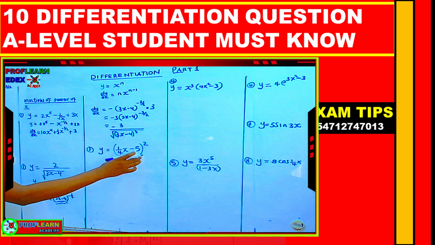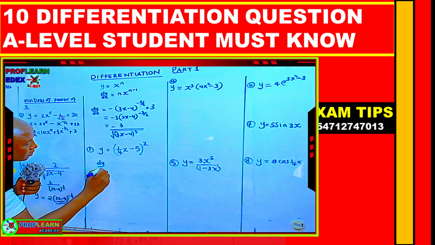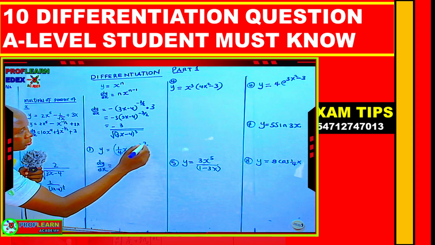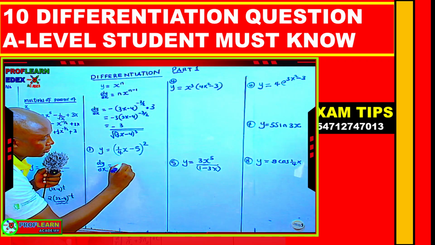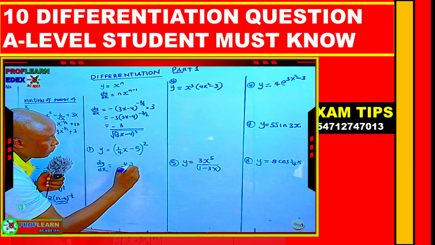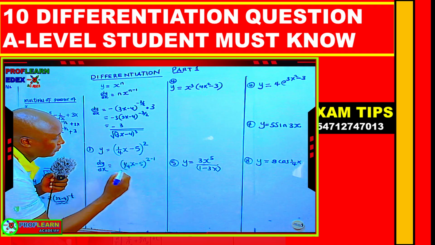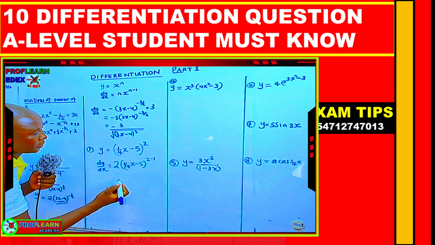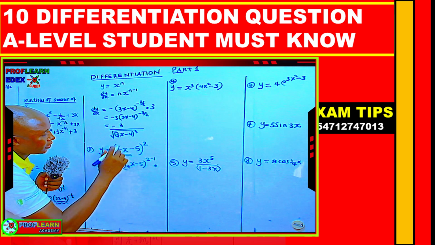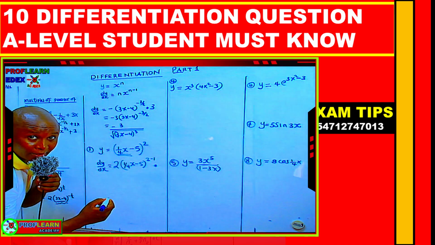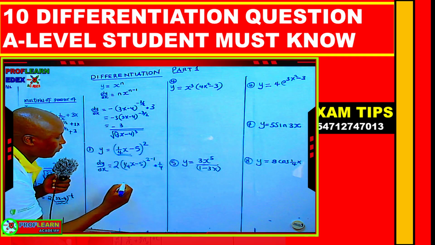On this one also, it is just the same approach we applied here. We're going to say dy/dx is going to be equal to, we are going to treat anything that is inside the bracket as a single term, and this is going to be 1/4 x minus 5 raised to power 2 minus 1, and then I drop my 2 here, and then I'll multiply by whatever I get if I differentiate the function that is inside the bracket, and that is going to be 1/4.